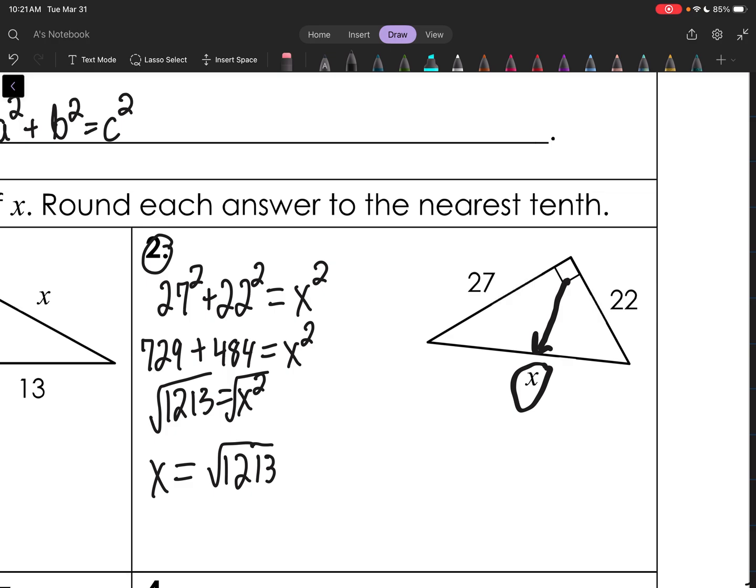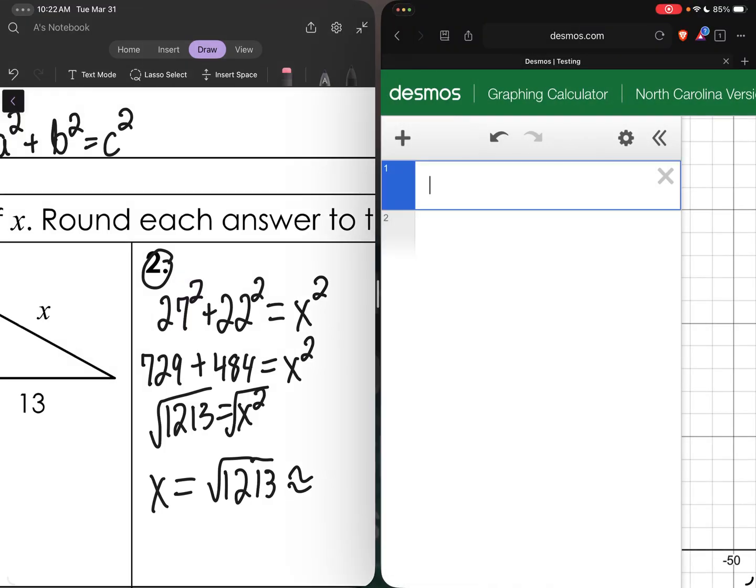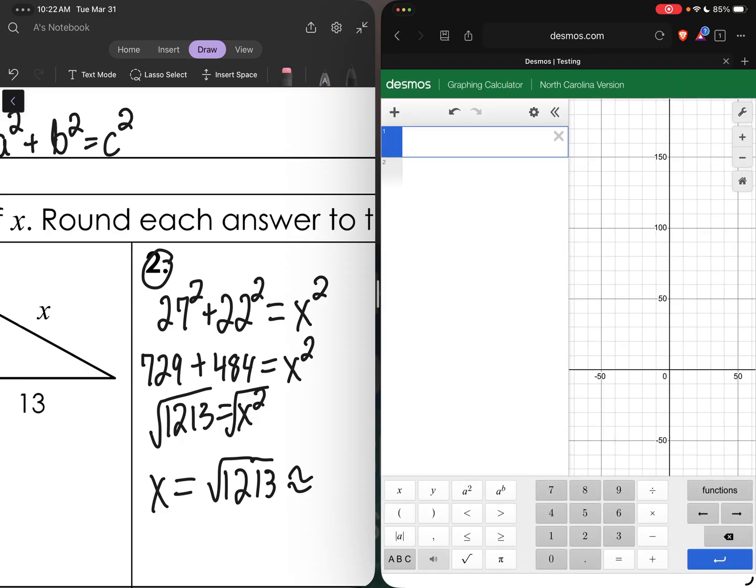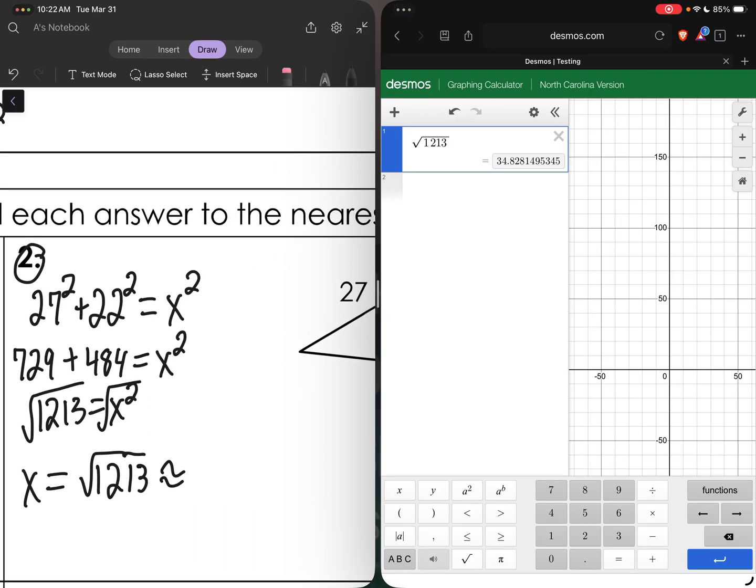I do not know this in my head, so we're going to use Desmos. Square root, if it'll let me type, of 1213 is approximately 34.8.